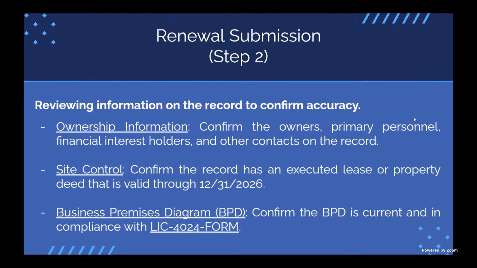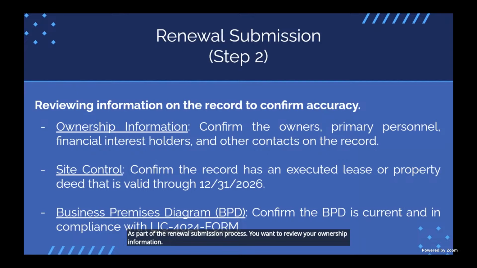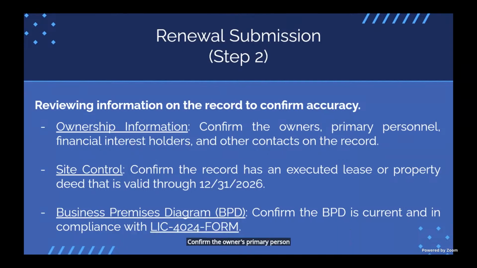As part of the renewal submission process, you want to review your ownership information, confirm the owners, primary personnel, financial interest holders, and all other contacts on the record are up to date. You need to confirm that you have site control.